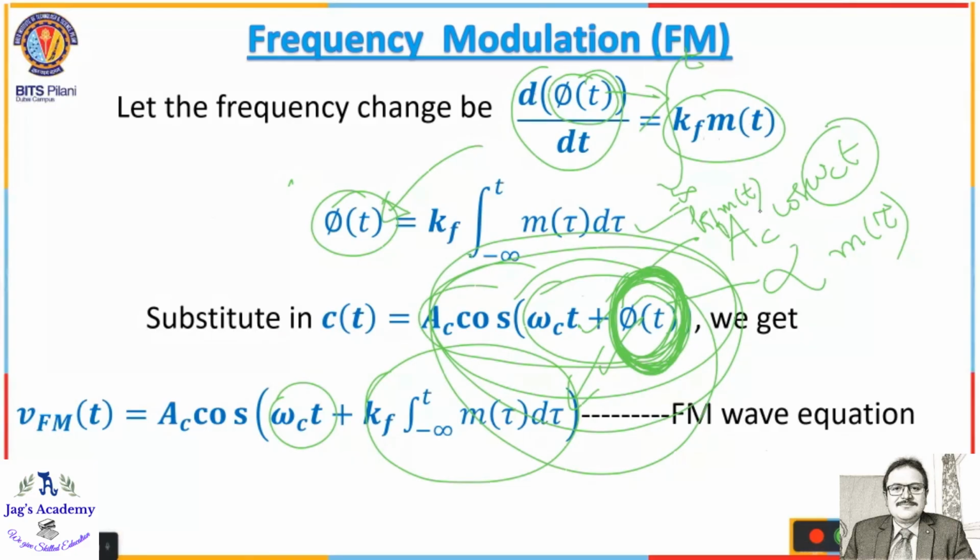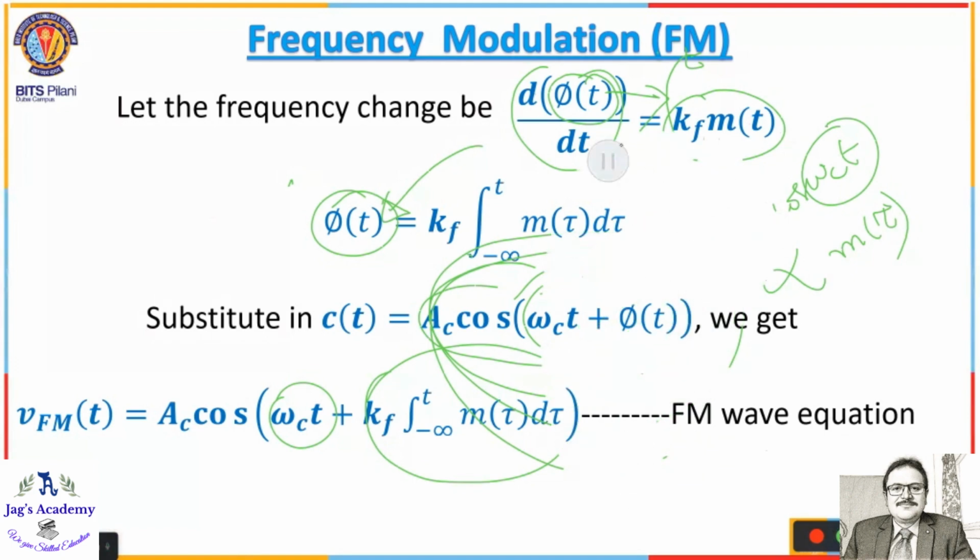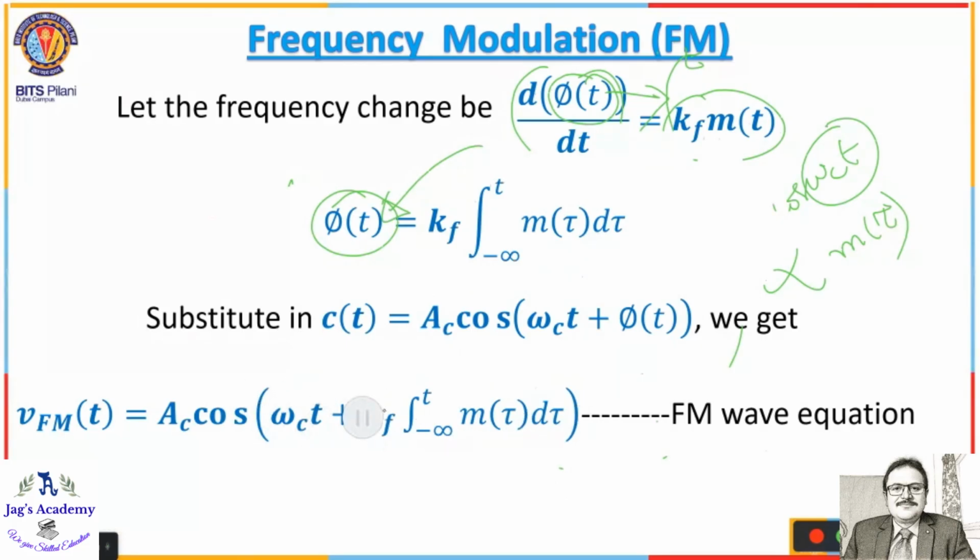That is phase modulation. I'll write only the phase. Have you understood this? So you have two representations now. One is phase modulation, one is frequency modulation. Both are same.